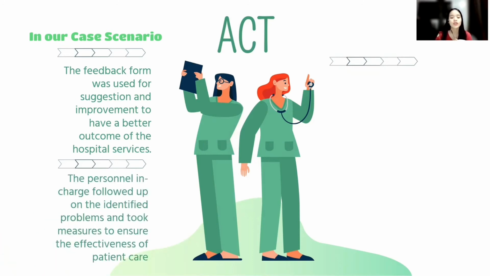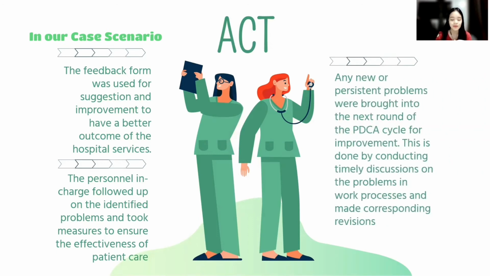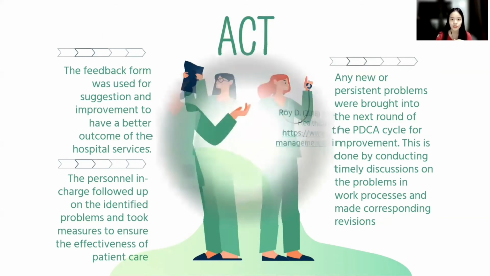Second, the personnel in charge followed up on the identified problems and took measures to ensure the effectiveness of patient care. And lastly, any new or persistent problems were brought into the next round of the PDCA cycle for improvement. This is done by conducting timely discussion on the problems in work and processes, and making corresponding revisions.